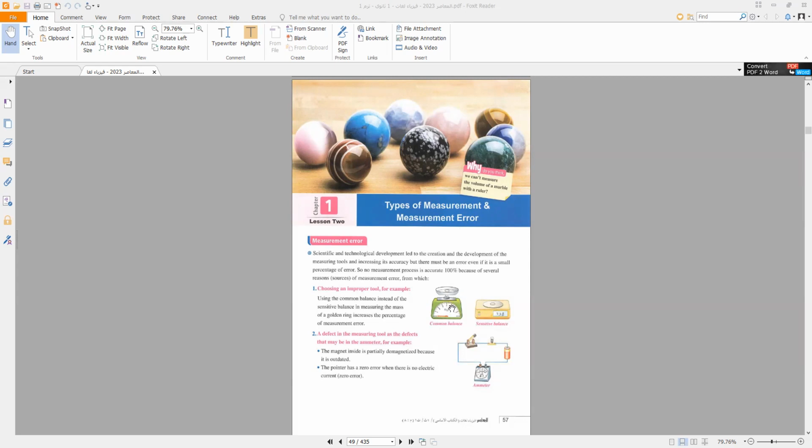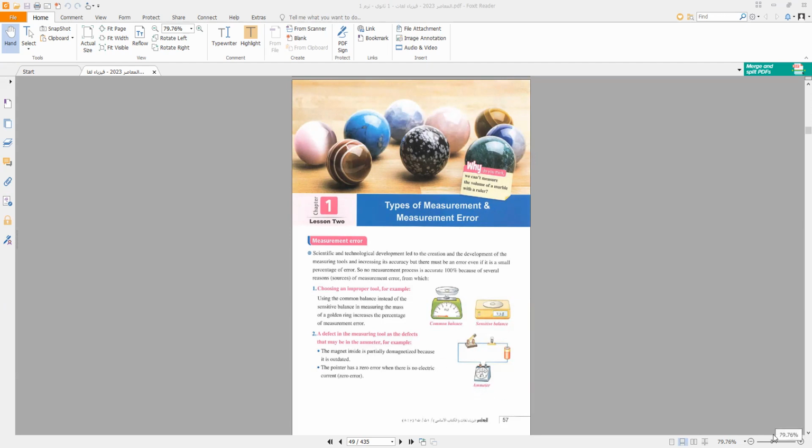Because the common balance, or two-pan balance scale, is suitable for measuring large masses such as fruits and vegetables. So the reading will not be accurate for its measurement.